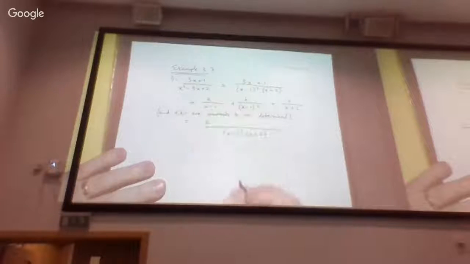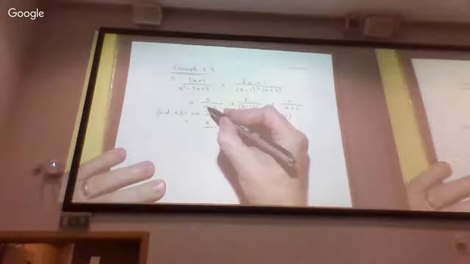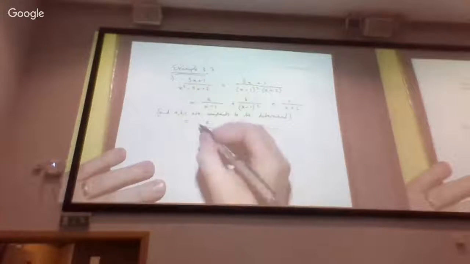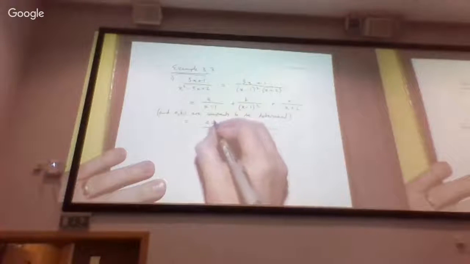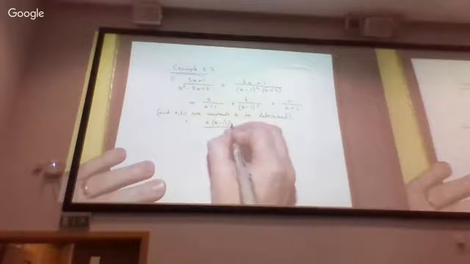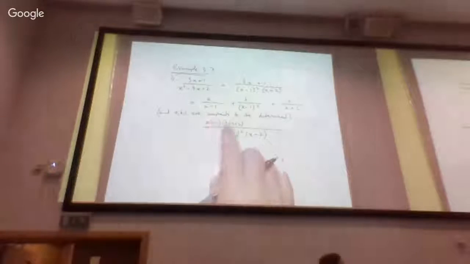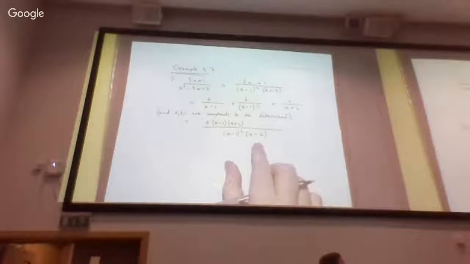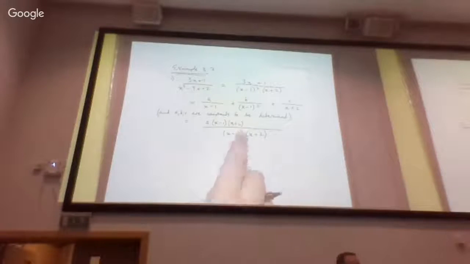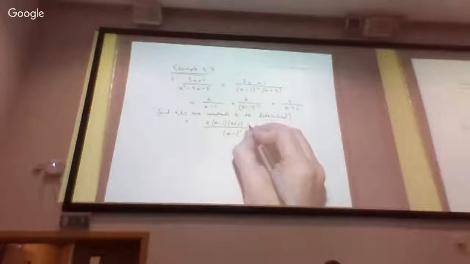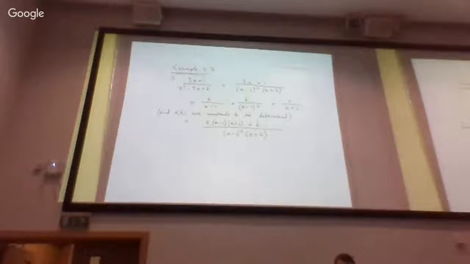Now, what do we need to multiply by a? Well, a is over the denominator x minus 1. So in order to keep it over x minus 1, I have to multiply it by x minus 1 times x plus 2. Okay, so that x minus 1 and x plus 2 cancels with this below, and you're just left with x minus 1 in the denominator. And then you're going to add b.